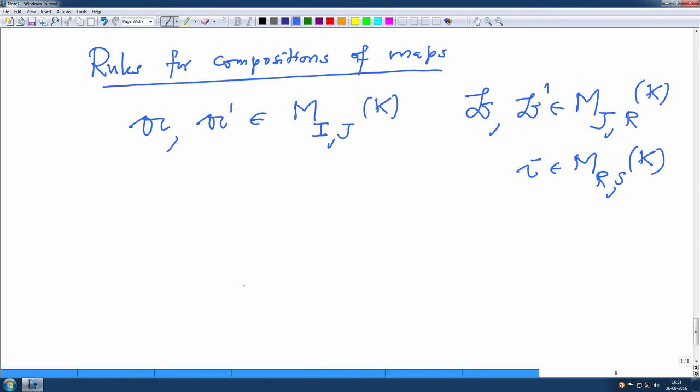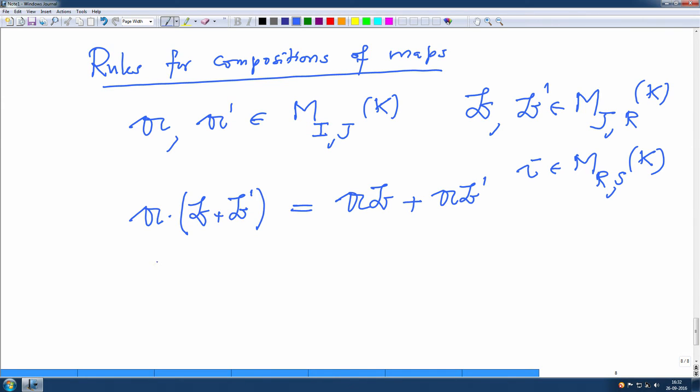All sets are finite. Then I want to write such an equation, A times (B plus B prime). This makes sense because B plus B prime makes sense, as they have the same rows and same columns. A times that also makes sense because the columns of A and the rows of B are both indexed by J. On the other hand, I could multiply AB and AB prime first and add them. This result should be the same.